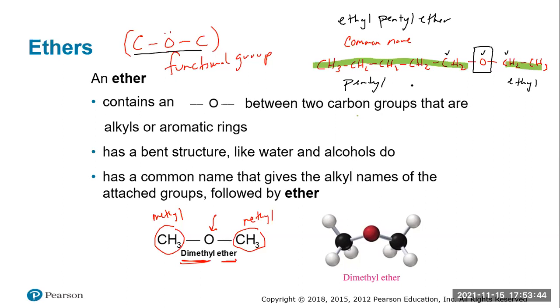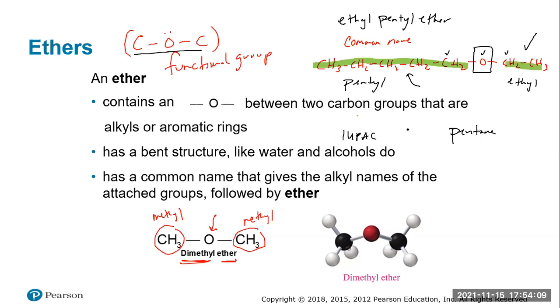For us, we would go with the common names for our ethers. The more IUPAC way of naming is a little bit different. In the IUPAC way of naming, we would go with our longest carbon group, which in this case would be pentane, and that would be the base of the name.